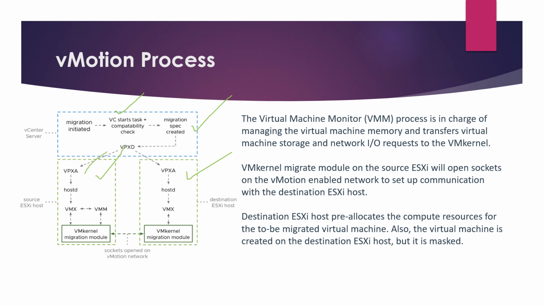VPXD communicates with VPXA, hostd shares information with VMX, and there is a bidirectional communication between the VMX and VMM, and this in turn communicates with the VM kernel migration module. The VM kernel migration module is responsible for ensuring that the sockets are opened for the vMotion traffic to begin between the source and destination ESXi host.